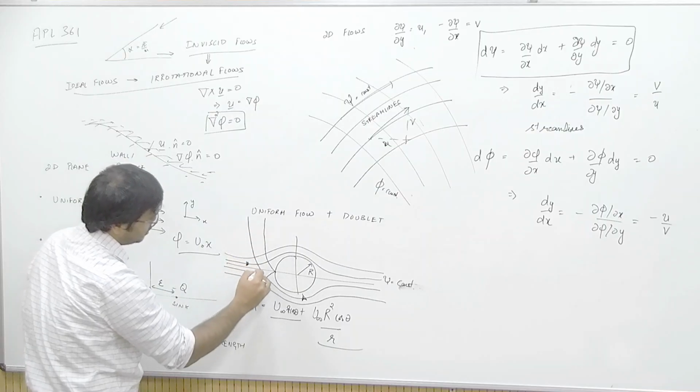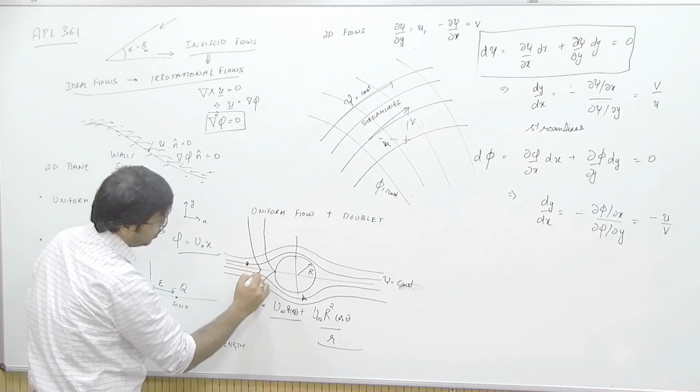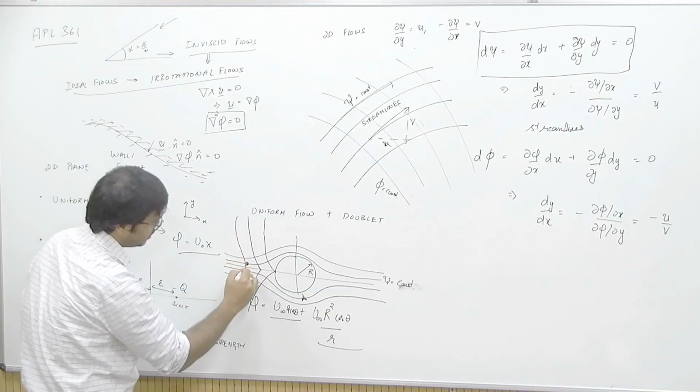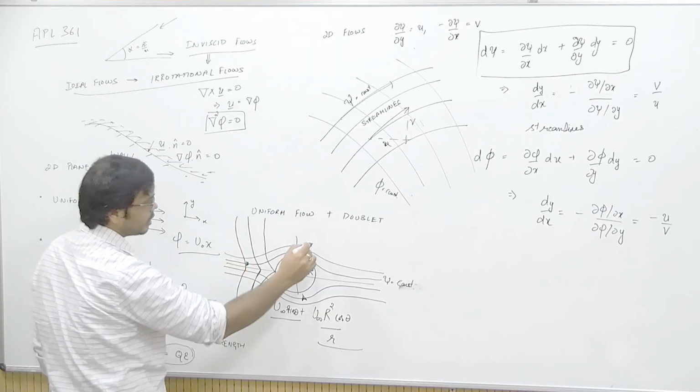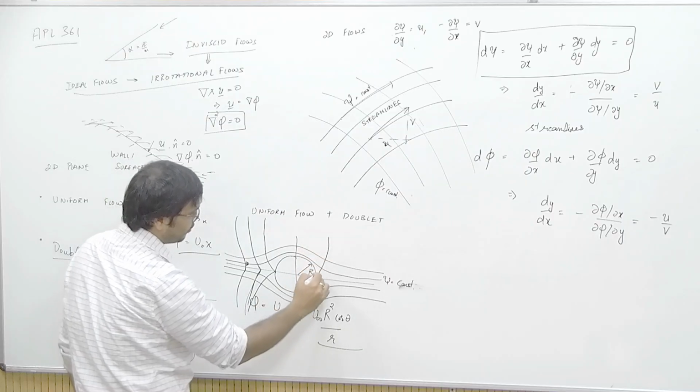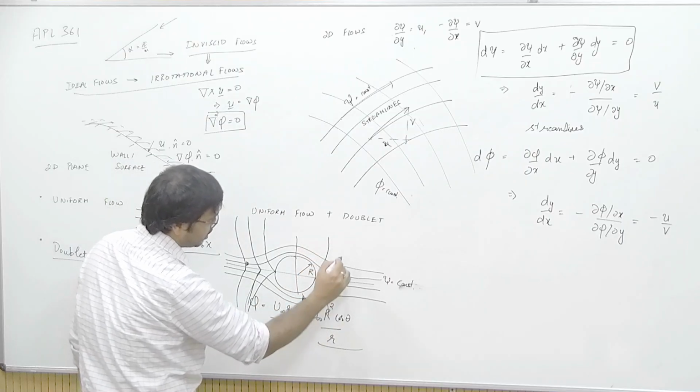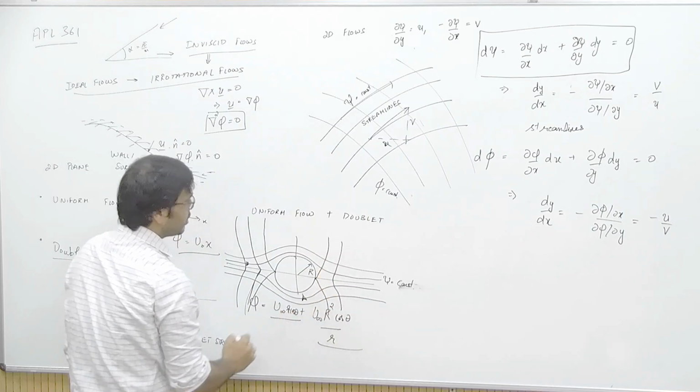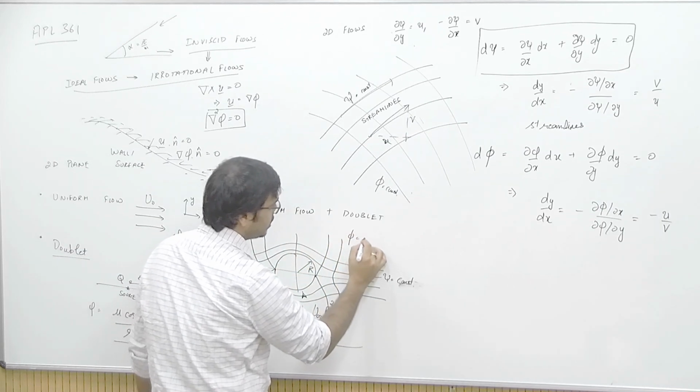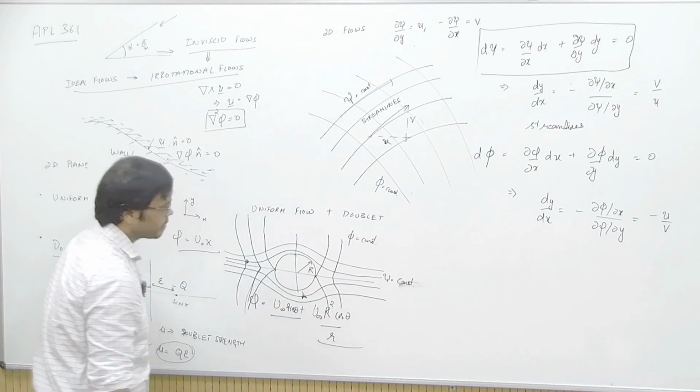You can draw locally perpendicular curves, and these are the curves of phi. Here phi is constant on these curves.